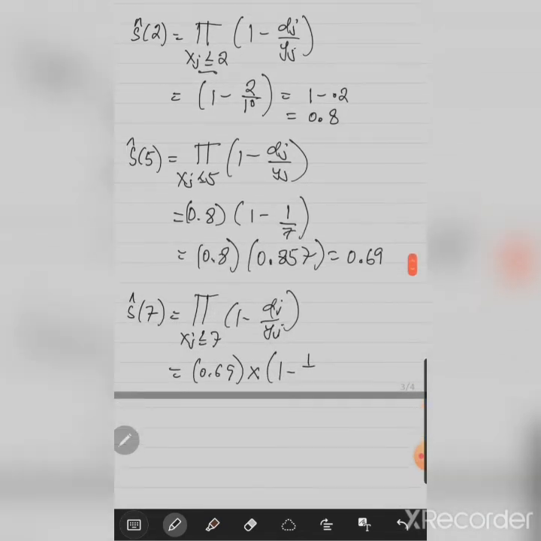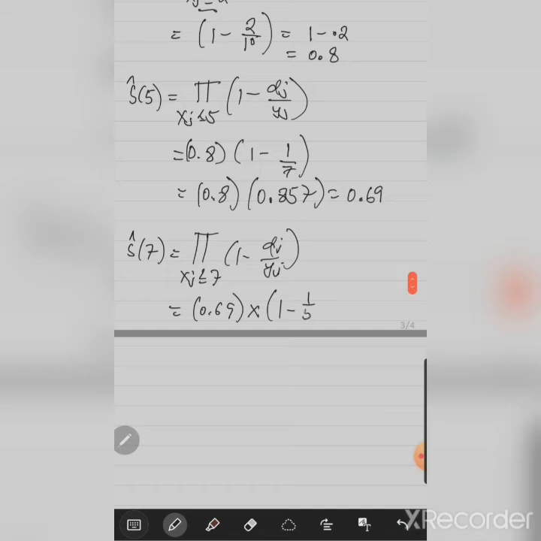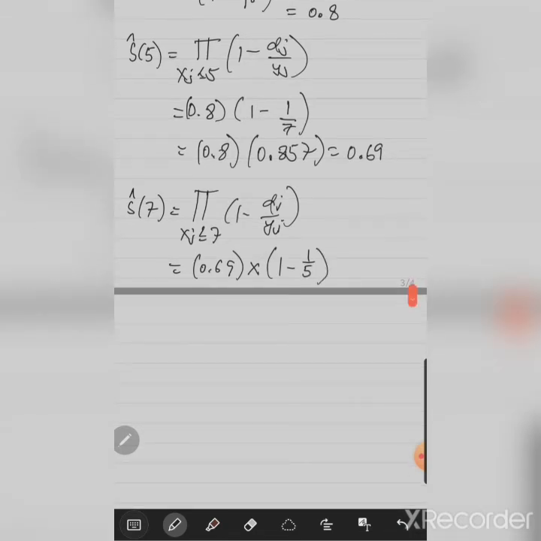So we have 5 here. So we are going to have 0.69 times 1 minus 1 over 5. So this gives us 0.69 times 0.8, and this gives us about 0.55.